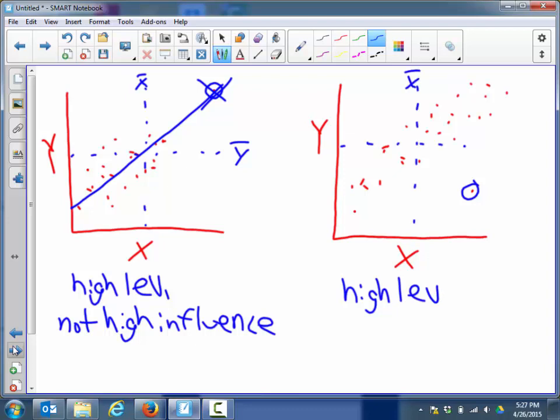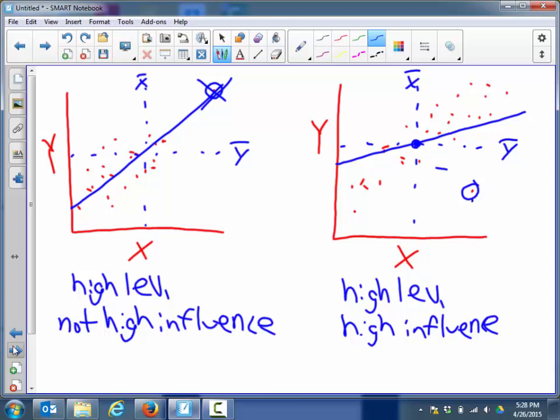On the second data set, you've got another outlier over here. This is a high leverage point, again, because it is far from the center of X, it's far from the center of Y, so the correlation coefficient really listens to the influence of this point, which is negative here. Now this is high influence. Why?